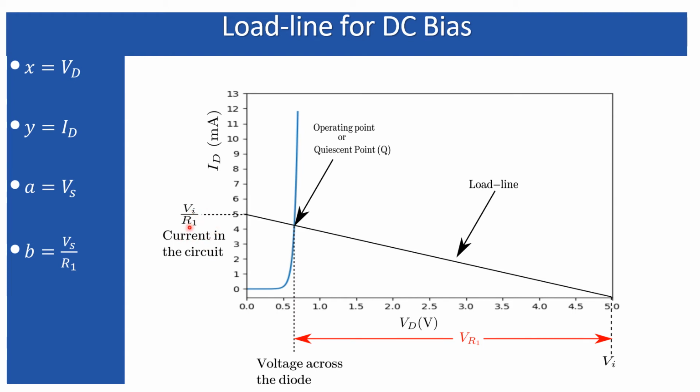Similarly, if this R1 is 0, zero resistance or zero load means it is a short circuit, because the resistance of a short circuit we do consider as 0. So if it is 0, Vi by 0 is infinity. That means this intersection point will be at infinity, a very large value of the current. So then this load line will be parallel to the original Vi characteristics of the diode.